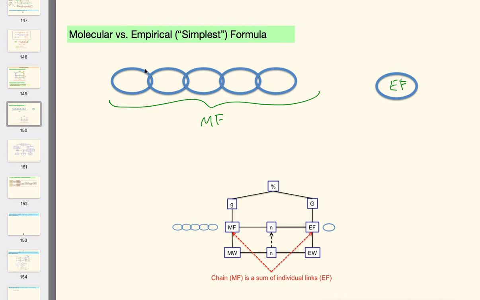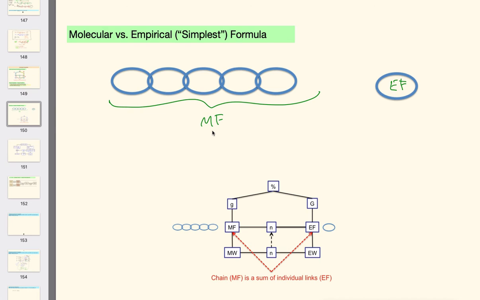If I look at this chain and see that all 5 of these links are identical, one link would be called the empirical formula. It's the formula that's repeated over and over to give you your molecule. And we see this a lot. Polyethylene, guess what that is? A bunch of repeating ethylene units. Sometimes there can be millions of these repeating units.